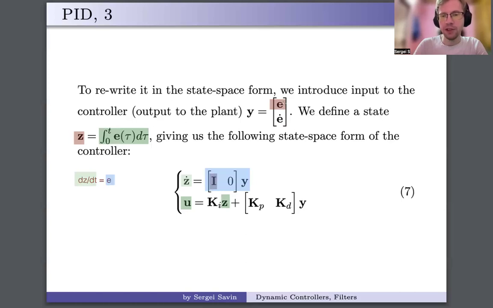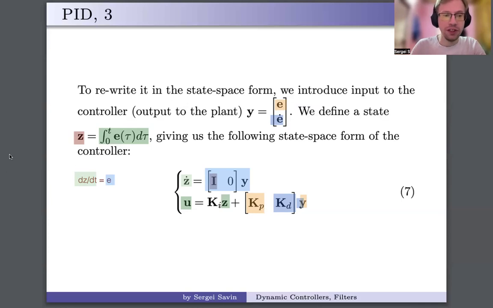Plus Kp times E. Let me again be quite clear on this part. Kp times Y gives us Kp times E. And here we have Kd times Y giving us Kd times E dot, right? So Y is this two-story vector. When you multiply it, it will give us Kp E plus Kd E dot.